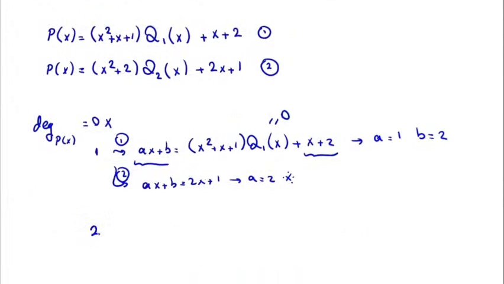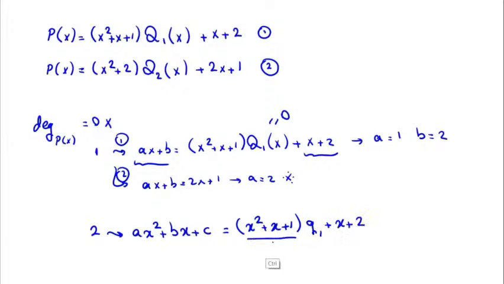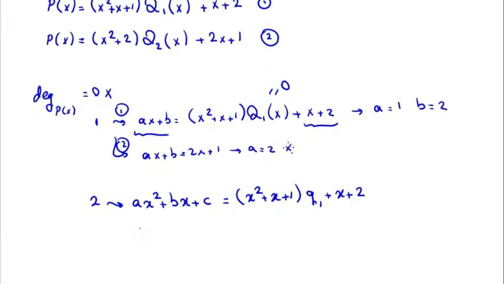If you consider the degree is 2, the polynomial will be ax squared plus bx plus c. And we consider it will be x squared plus x plus 1 times q1 of x, which will be a constant. Let's consider q1 plus x plus 2, because if it has x, then we have degree 3 here. It will be this.